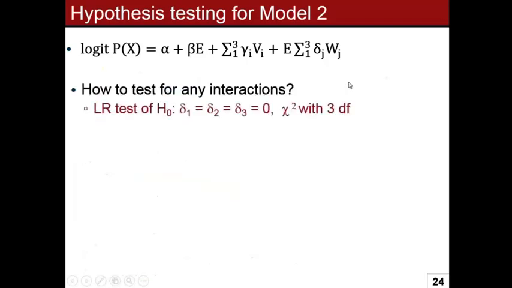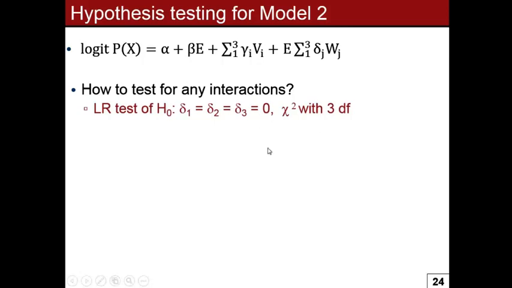Well, to test for any interaction, this is the chunk test kind of idea, where we look at all of the interaction terms together and determine whether they're statistically significant. The easiest way to do that is with the likelihood ratio test that we talked about earlier. The Wald tests are just testing single variables at a time. And so the likelihood ratio test looks at the likelihood ratio in this full and reduced model.